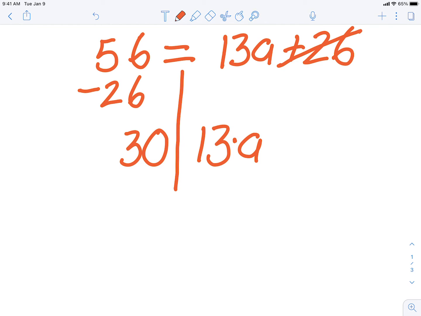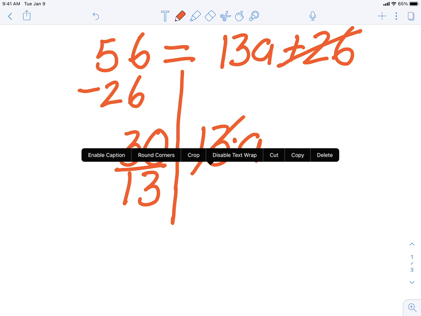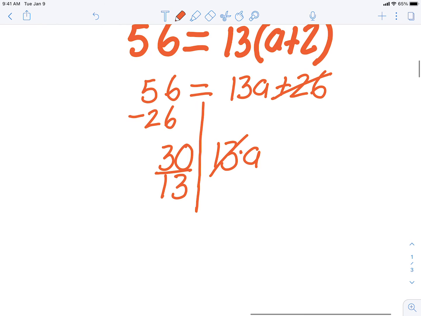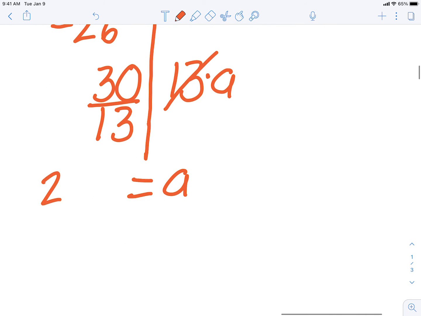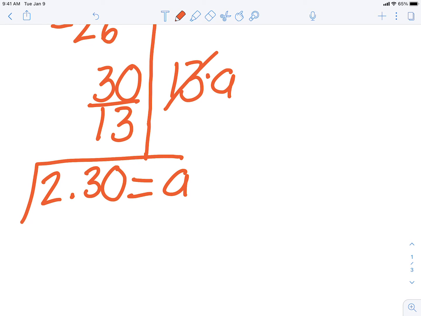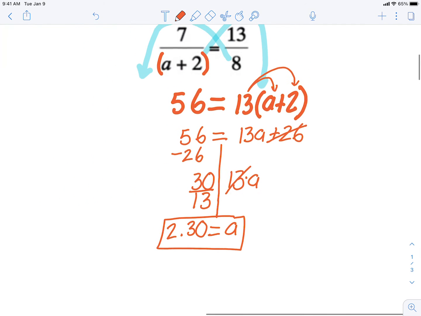I cross out my 13 and divide by 13, and I bring down my equal sign and my A. 30 divided by 13, I'm going to use my calculator because it doesn't divide evenly. 30 divided by 13 is equal to 2.30, and that's okay. This is my answer, 2.30.